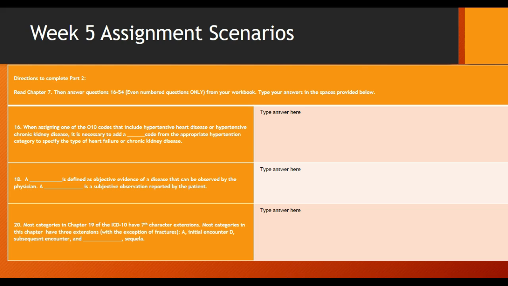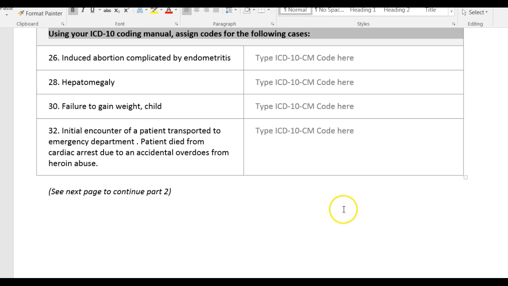Okay, so I have pulled week 5 assignments, some scenarios from week 5, but because I don't want to do the true and false, I want to actually look at some coding scenarios. So I'm going to begin with number 26. So let me pull the worksheet over.